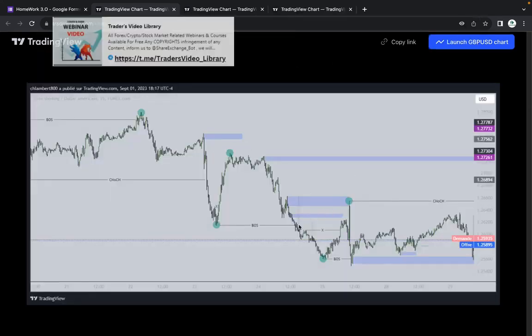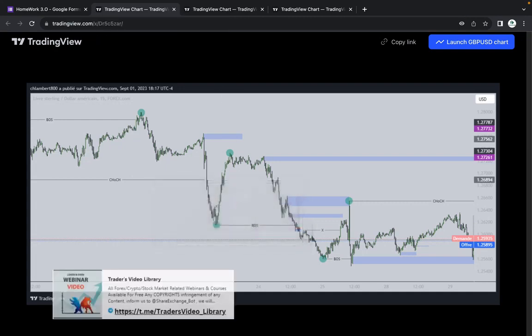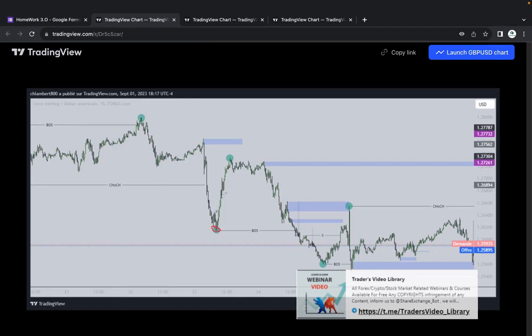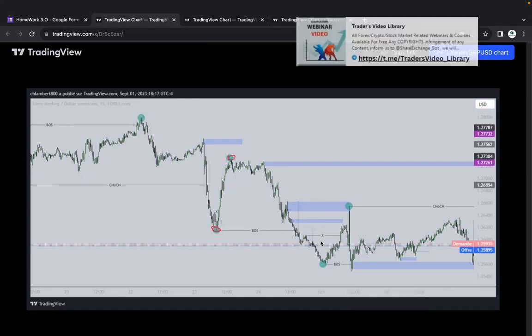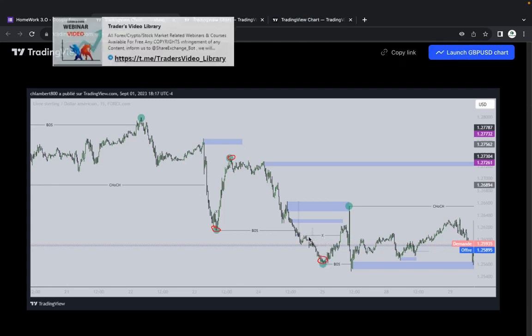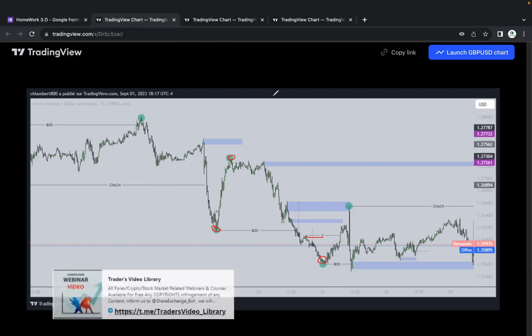Okay, this one is also similar, lower lows and lower high, everything looks valid. Break of structure, confirm lower lows, inducement taken out. Okay, push downside, break of structure and chalk. Yes, this one also looks valid.